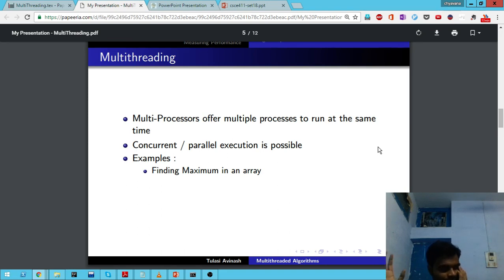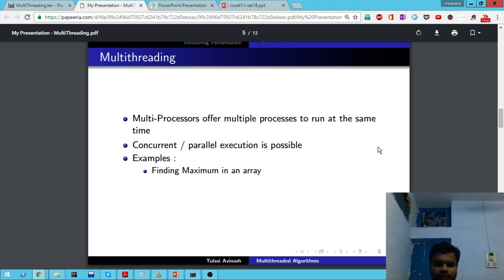Which means, as seen in the example, when we are calculating Fibonacci of 4, we need not wait until function 3 returns. We can spawn a thread. We can actually execute these two concurrently, in parallel. We can calculate function 3 and function 2 in parallel.